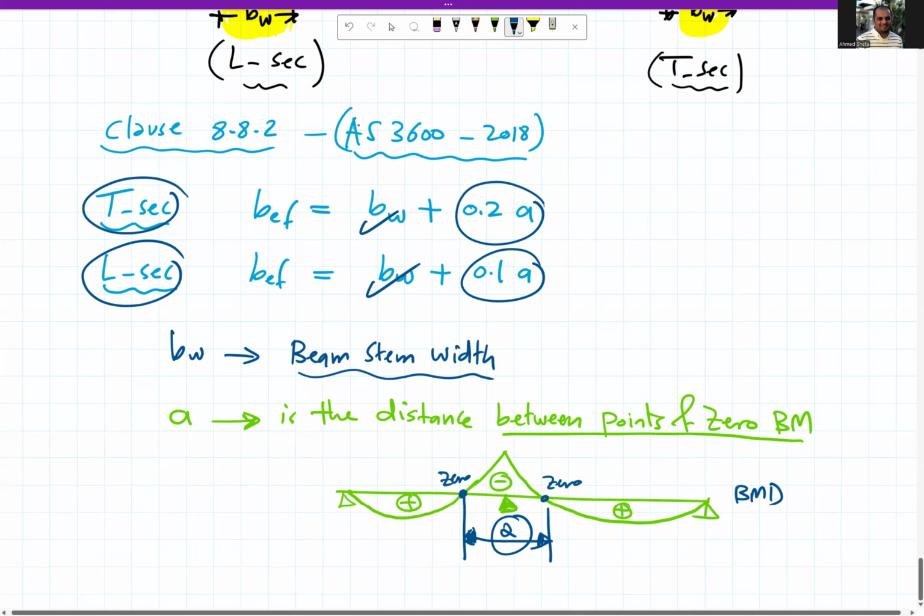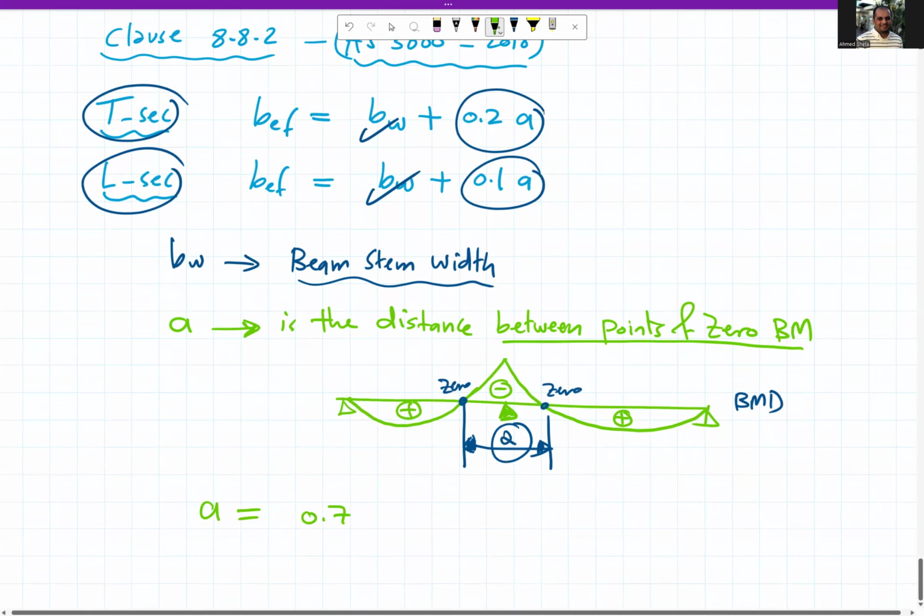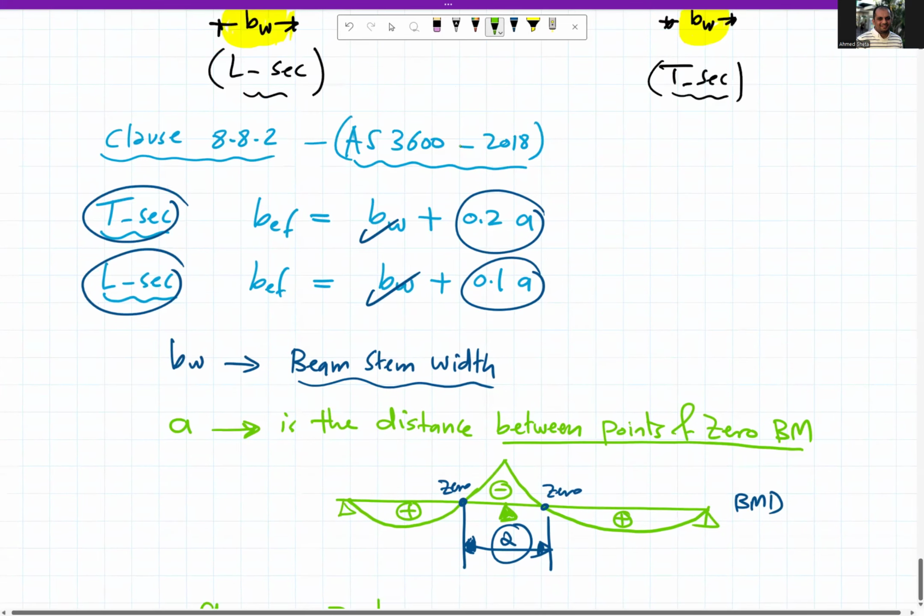But A can be calculated using the standard, as we don't need to locate the zero moment. A equal to 0.7 L. Okay, so A equal to 0.7 L, which is here. What is L?